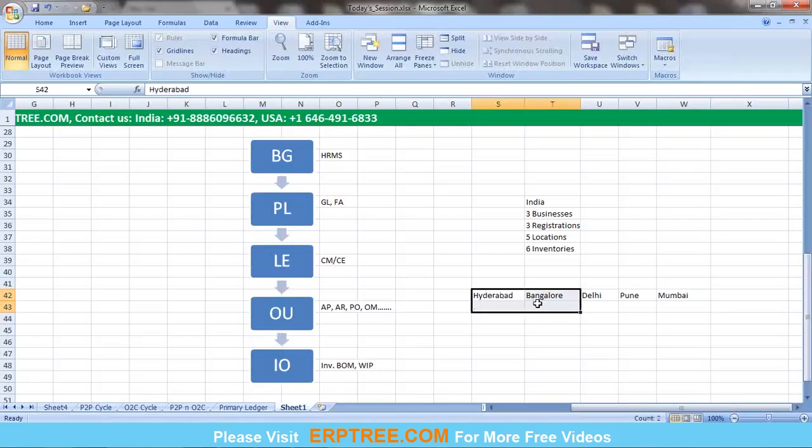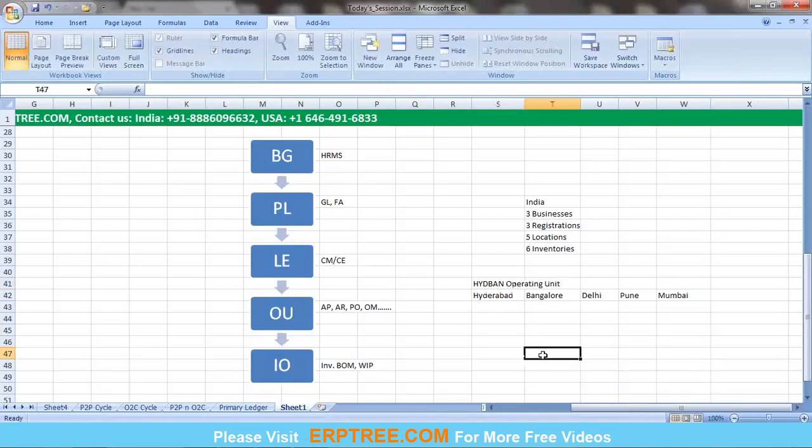So if Hyderabad or Bangalore business is going to record any transaction, they will select the same operating unit. You may create it as HYD BAN operating unit. You may name it like this.